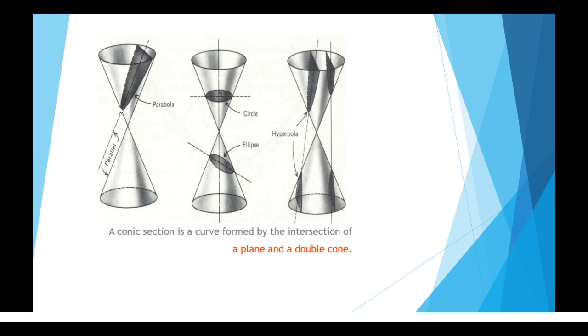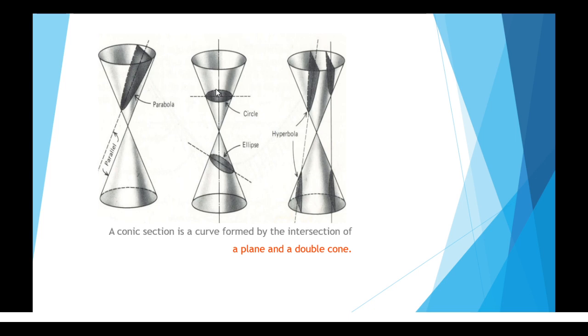This is the shape which I get after intersecting it, and that is called a parabola. So if the plane is parallel to the generator, I get a parabola. Getting it?